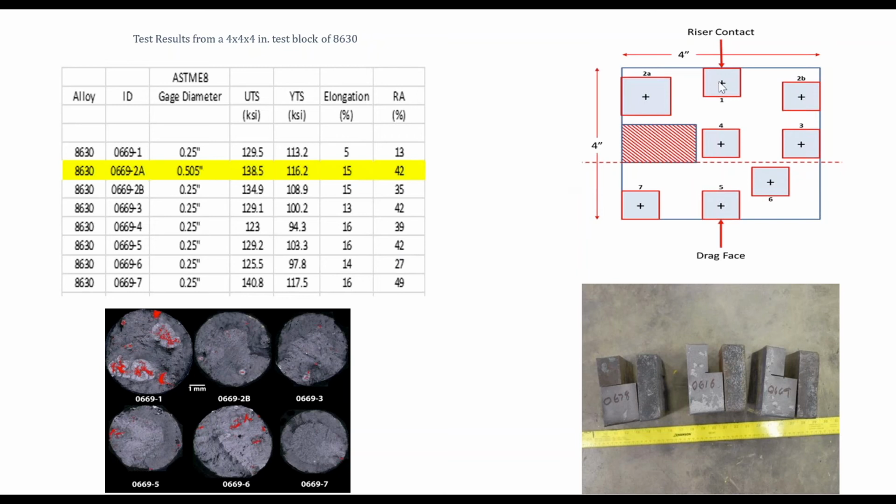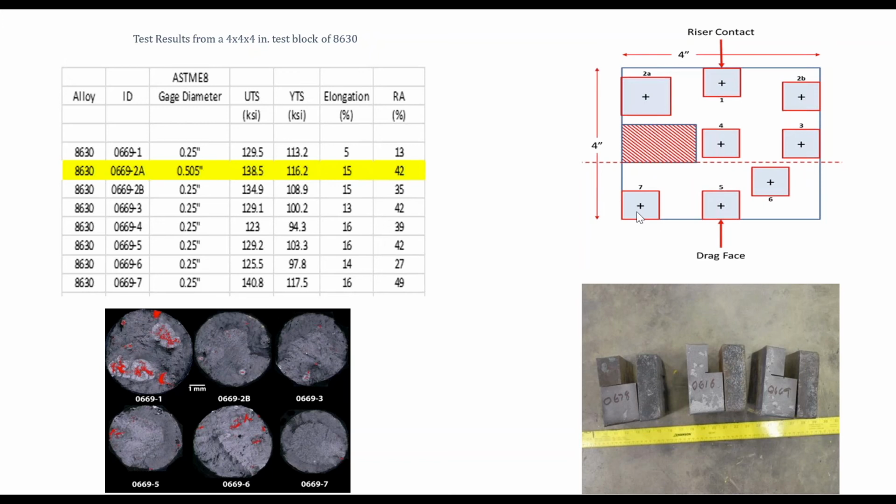If you look at number 1, you get pretty lousy properties because you're right under the riser. Number 1 has some shrinkage in it, as you can see here, whereas number 5 has almost no shrinkage in it. Number 7 is really clean, and it also has really good properties. So it's actually down in the corner, in the bottom. The highest cooling rate, lowest material gives you the best properties.